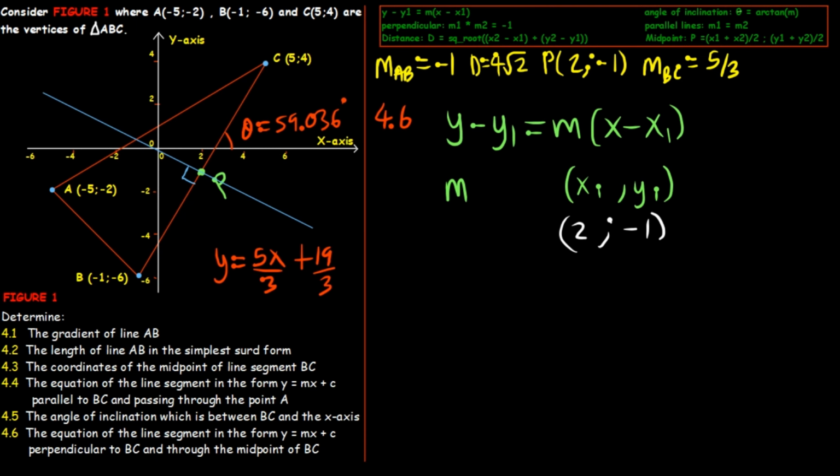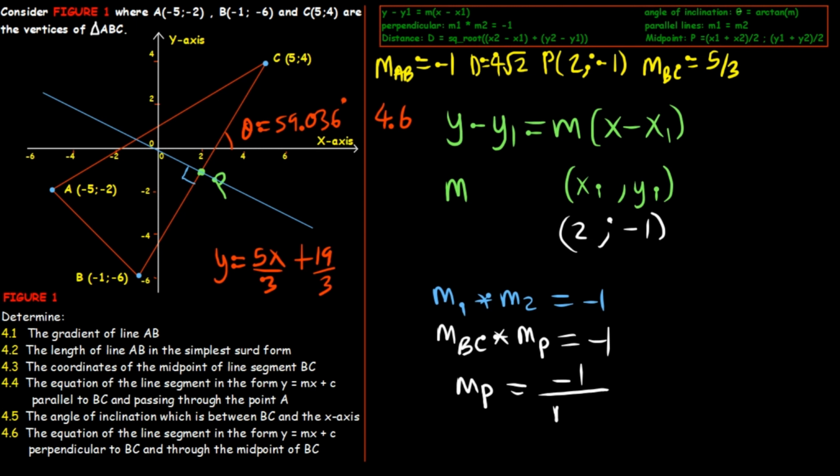When we have perpendicular lines, the product of their gradients is equal to negative 1. So we model it as the gradient of line BC multiplied by the gradient of the line passing through P, which should give us a negative 1. Which means the gradient of that line will be negative 1 over the gradient of the line BC. Now let's substitute the gradient of line BC, which is 5 over 3, and this is going to give us negative 3 over 5.